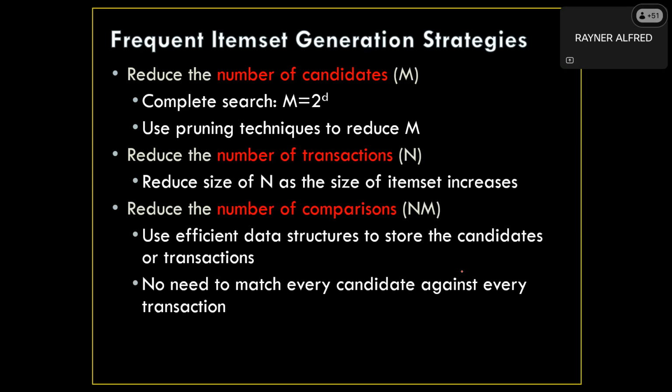Okay, so what can be done? The best thing is we need to reduce the number of candidates. How do we reduce the number of candidates here? We can use the minimum support.